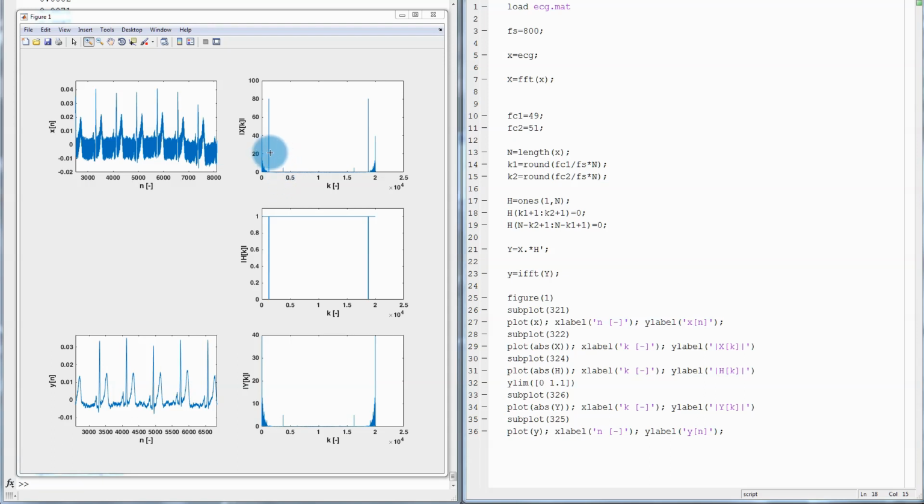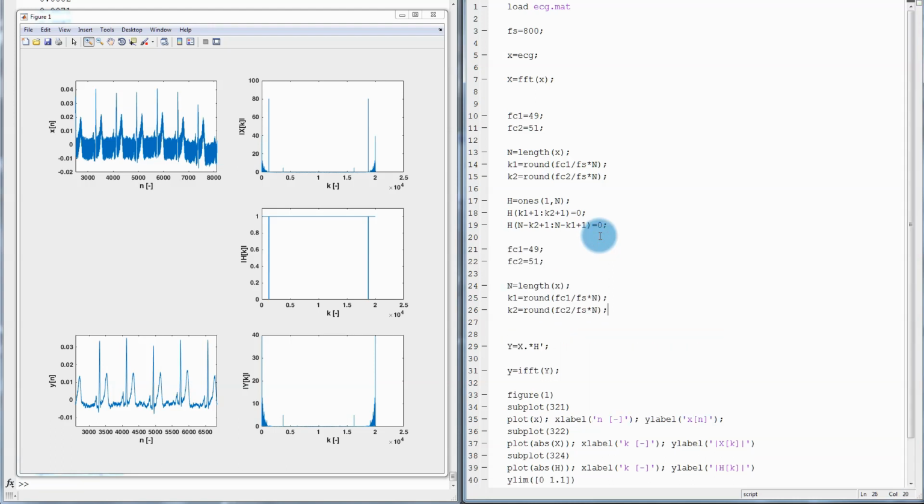So again, the fundamental is at 50 Hz, the third harmonic will be at 150 Hz. So what I need to do is to repeat this process. And now I will need to take the frequency band between 149 Hz and 151 Hz, recompute these frequencies to indices K1 and K2, and zero the frequency characteristic in this frequency band as well.